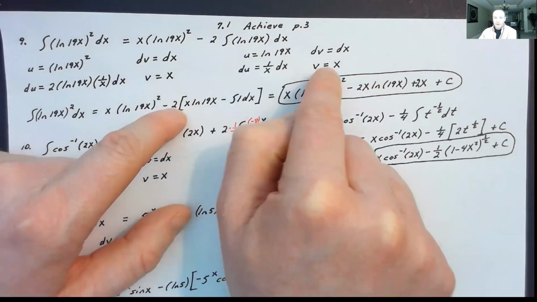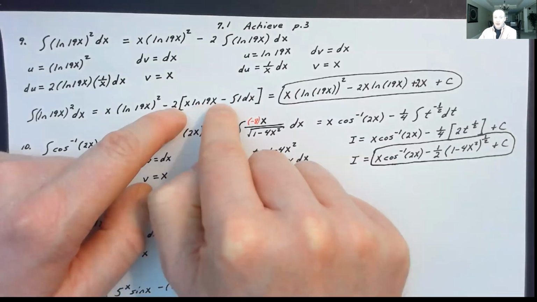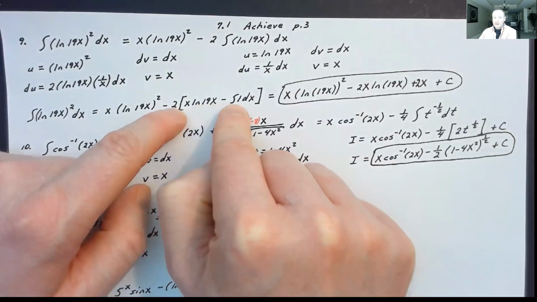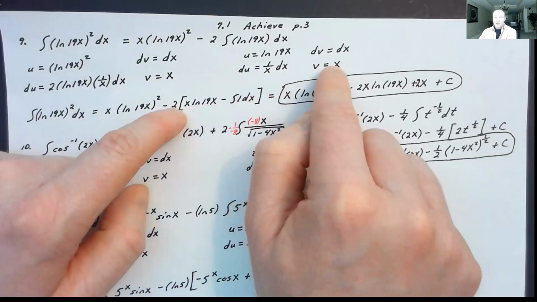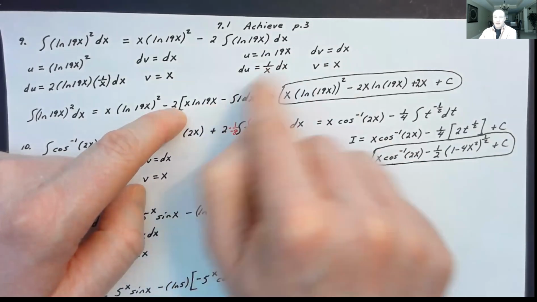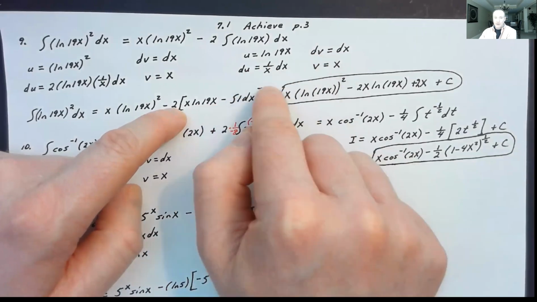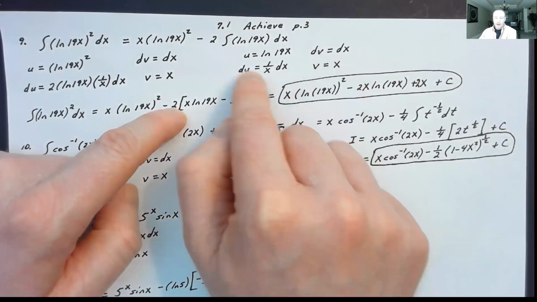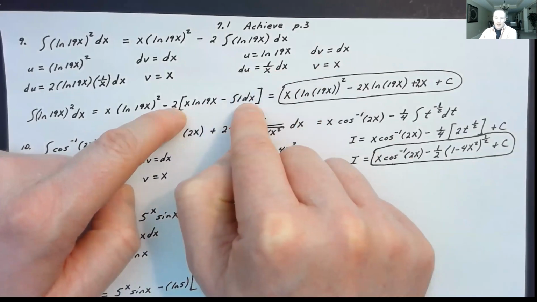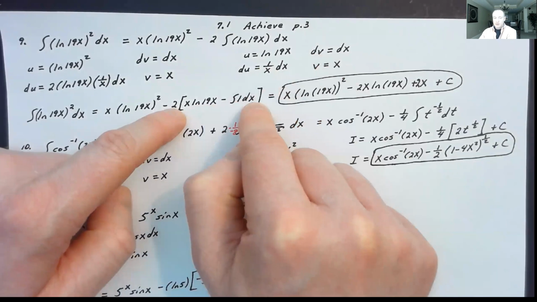Well, that was the u times v, the x natural log of 19x, minus the integral of v du, which is just minus the integral now of 1 times 1 over x dx. With the 1 over x part canceled out, I'm just left with 1 dx in there. Well, I know that the integral of 1 with respect to x is just x.